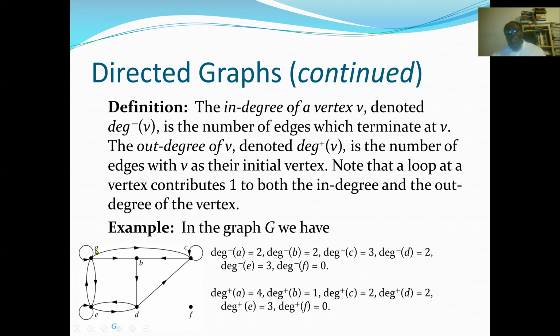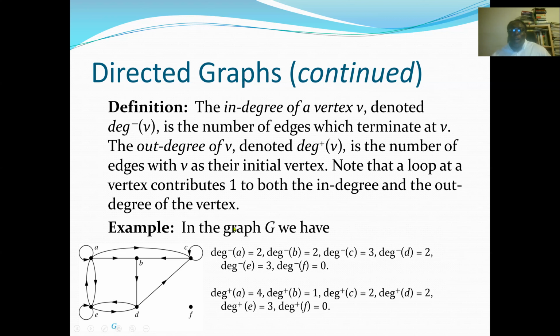So in degree means the direction is moving towards your vertex, and out degree means the direction is moving from your vertex to another vertex. Also, if we have a loop, we have to count it for both in and out.